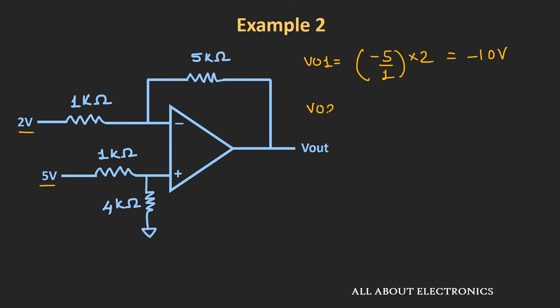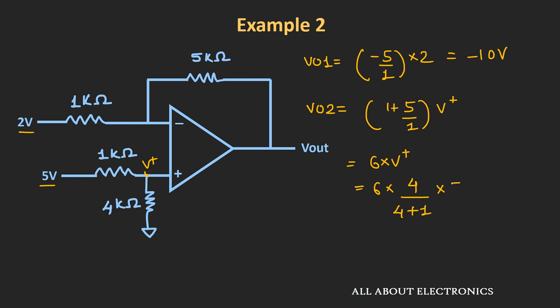So in that case our output voltage VO2 will be equal to 1 plus 5 divided by 1 times this voltage V plus, that will be equal to 6 times V plus. Now this voltage V plus will be equal to the voltage divider applied at this point. So it will be equal to 4 divided by 4 plus 1 times this 5 volt input voltage, and it will come out as 4 volt. So our output voltage VO2 will be equal to 24 volt.